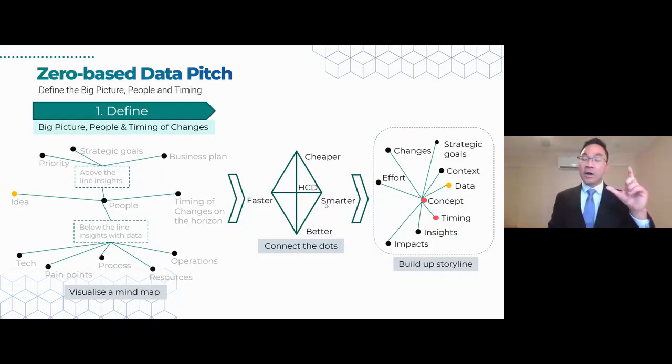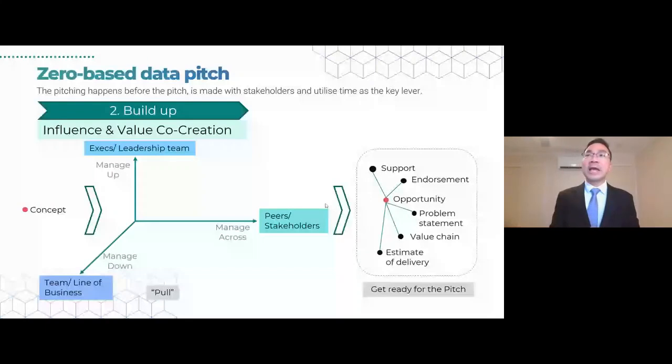Is there any change on the horizon that will make this change essential, critical? How much effort, based on the understanding of the resource and the change in the tech landscape? Potential impact, timing. Once again, timing is about the change on the horizon with the change that we propose. So then you already have a very good, very convincing story.